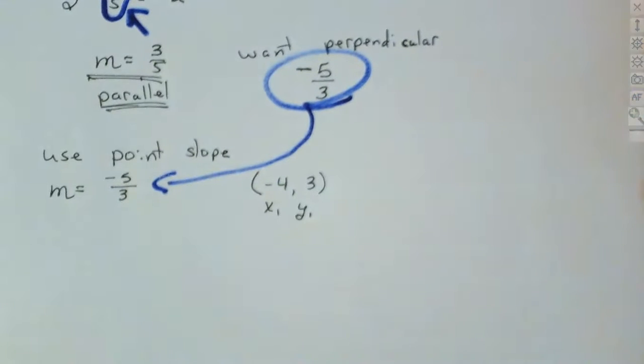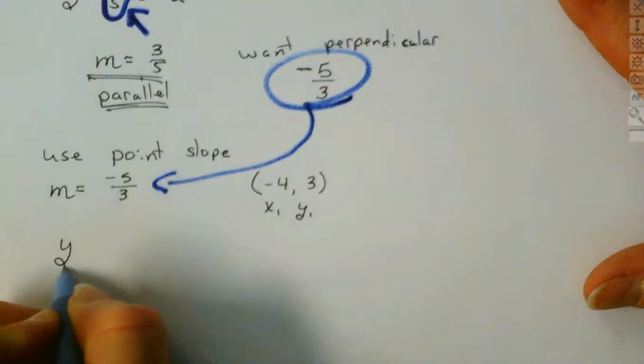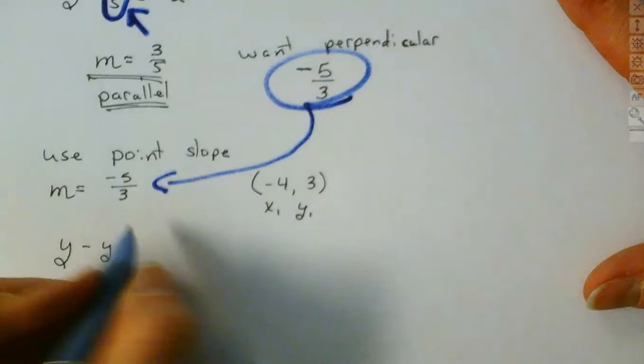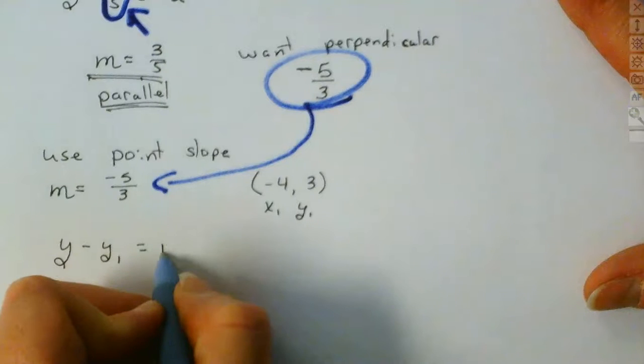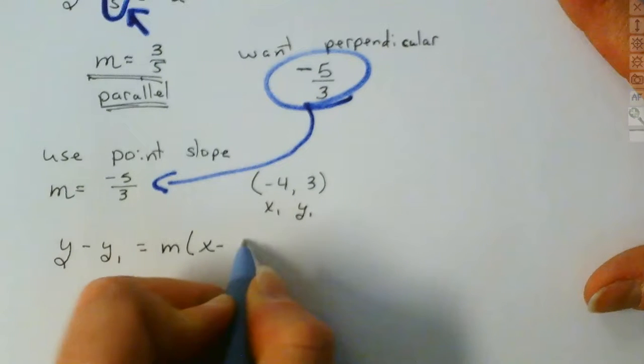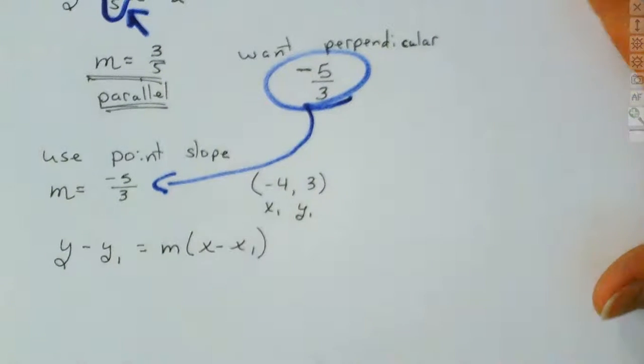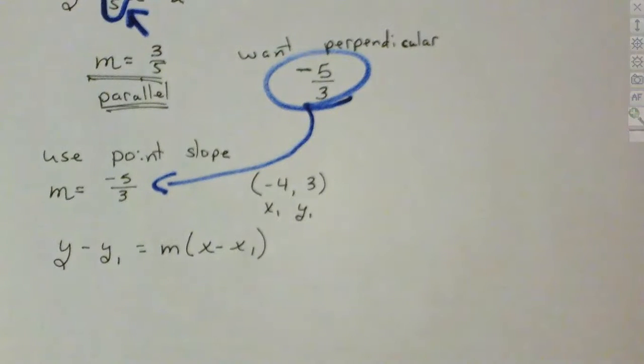Now we use our point slope formula, which is y minus y1 equals m times x minus your x1, right? Is everyone okay with that so far? All we have to do is plug in our values. Again, be very, very careful of double negatives, and there is one.